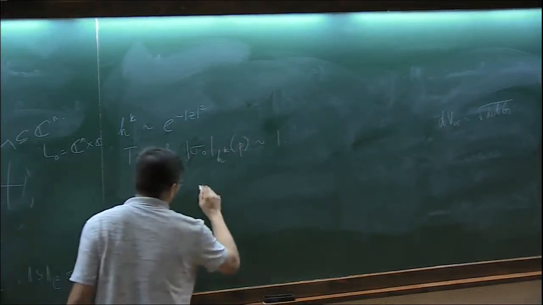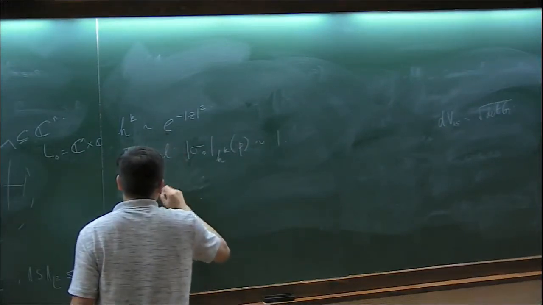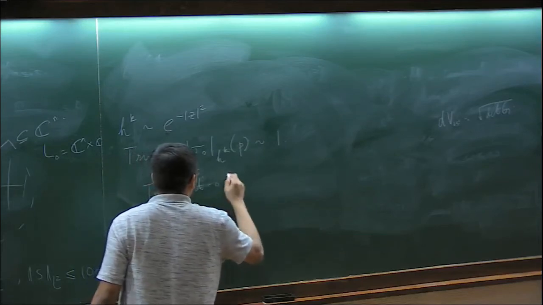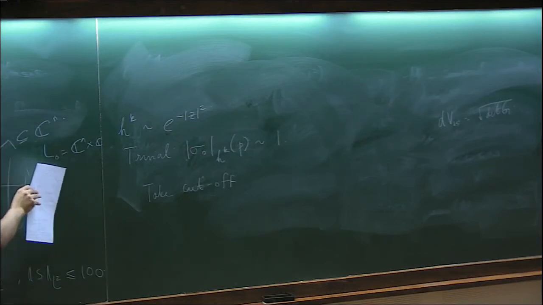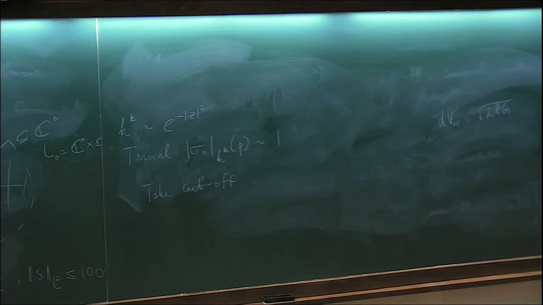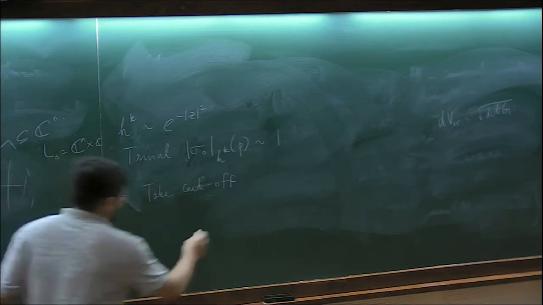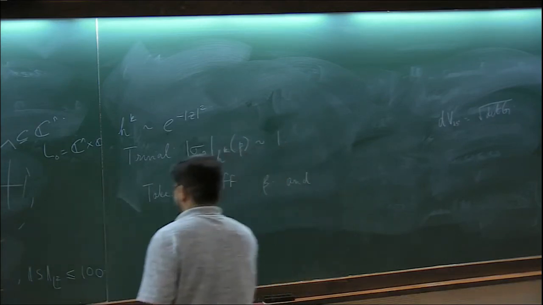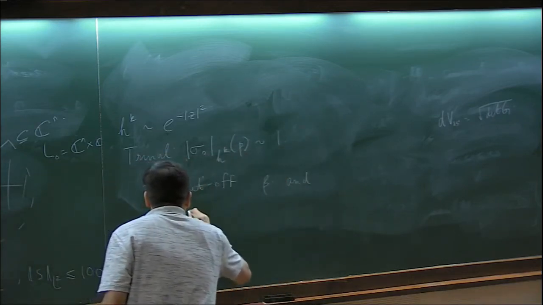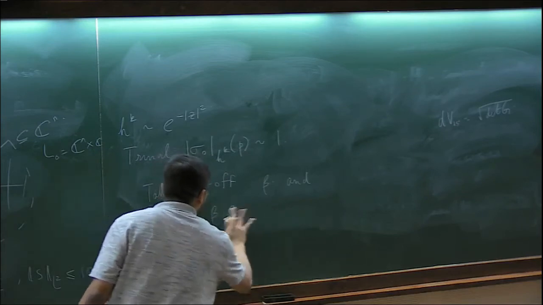And I take a cutoff function, because the idea is that I want to get something global on M. I have a local model section here, and I just paste it onto M, and the way to paste is, of course, by multiplying it by a cutoff function. So take a cutoff function beta and consider the section beta times sigma naught.